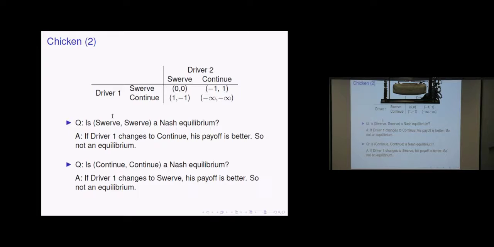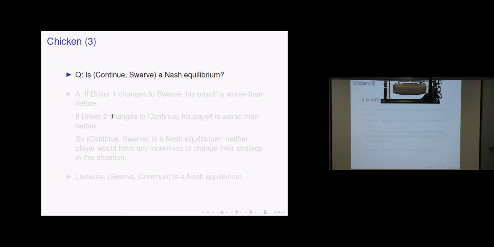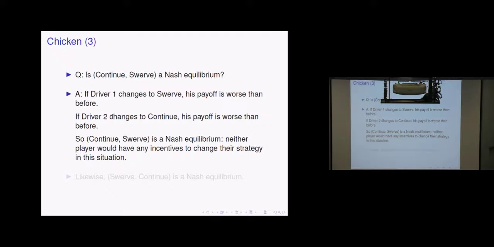So let me repeat the argument in the next slides, but the data are here, so that's why I say it first. Okay, so we are looking at this profile, continue and swerve. We want to know whether this is a Nash equilibrium. I repeat the argument I said 2 minutes ago. If driver 1 changes to swerve, then his payoff is worse than before, because now he has 1, and if he changes, it becomes 0.